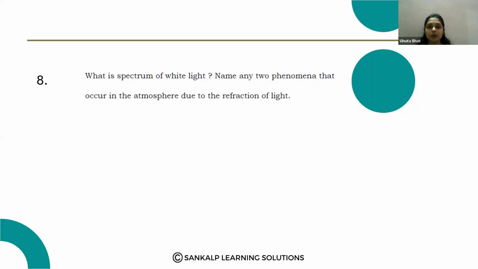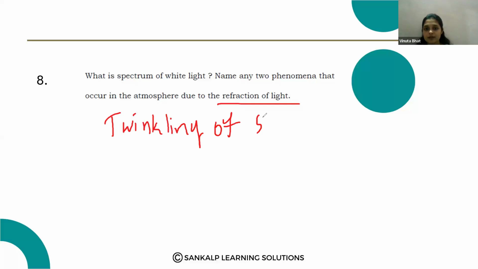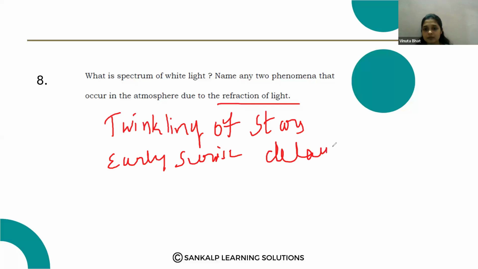And name any two phenomena that occur in the atmosphere due to the refraction of light, that is twinkling of the stars, then early sunrise and delayed sunset.